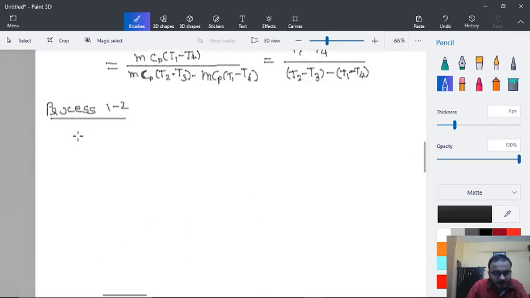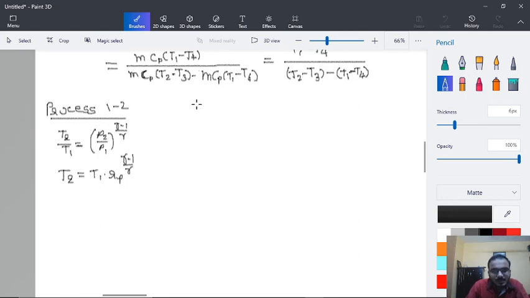So we can write T2 by T1 is equal to P2 by P1 raised to gamma minus 1 over gamma. So here the T2 value will be equal to T1 into Rp raised to gamma minus 1 over gamma.